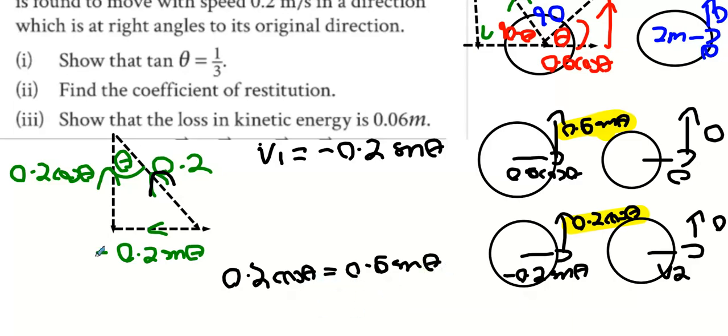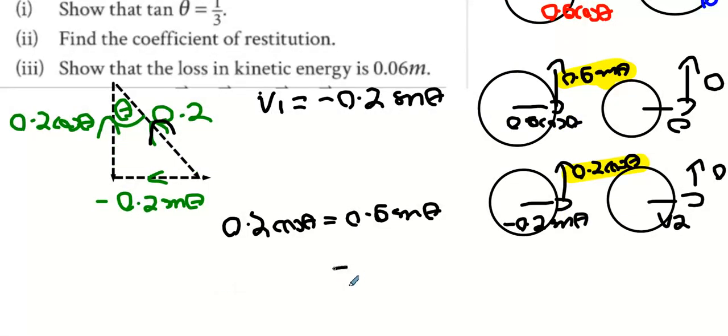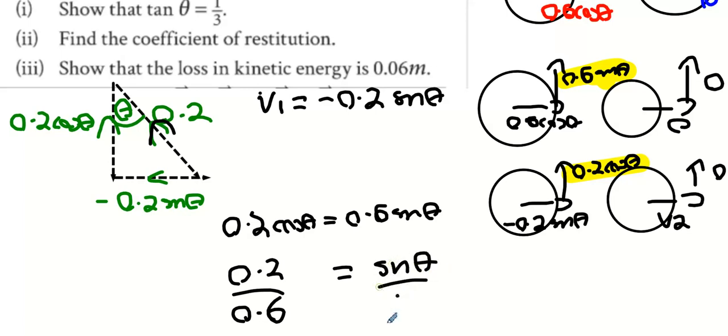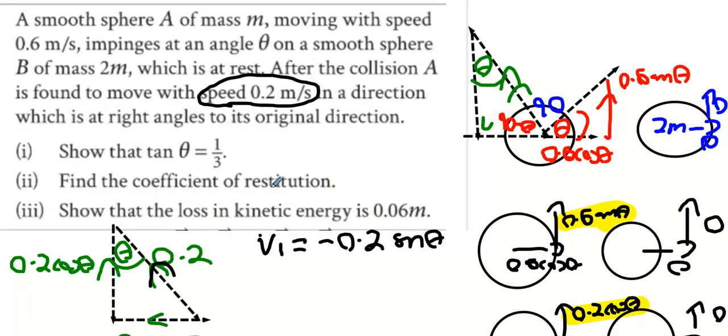Bring the cos theta under the sine theta, and bring the 0.6 underneath 0.2, and I should get tan theta equals a third. We found out that tan theta is a third.